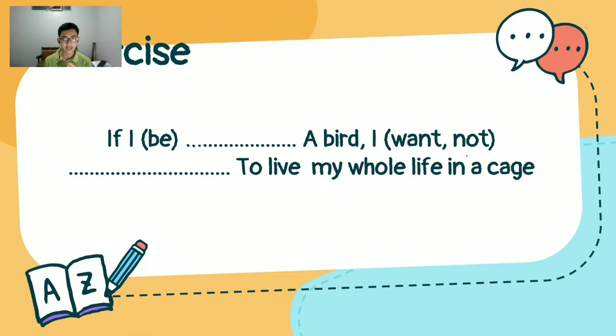Okay, let's take an exercise. In type 2 conditional, the be is were. If I were a bird, I blank blank blank to live my whole life in a cage.